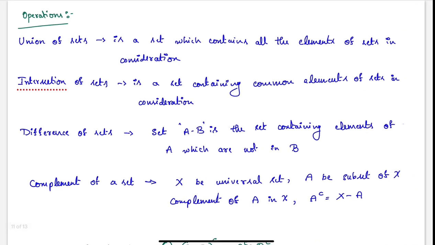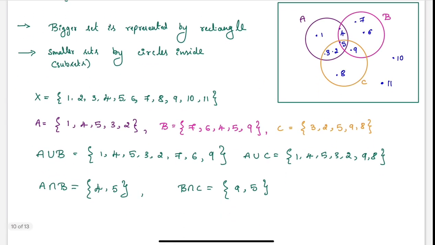Now coming to the difference. What is the difference between sets? How do you subtract two sets? You know the subtraction between numbers, real numbers and all. So now what is the difference between sets? Suppose you are considering two sets A and B. A minus B is a set which contains the elements of A which are not in B. Let's see through the example.